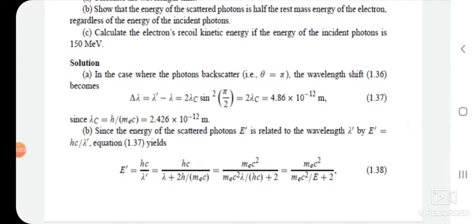Next, I want to show that the energy of the scattered photon is half of the rest mass energy of the electron. How can we show that the scattered photon has energy equal to half of the rest mass energy?